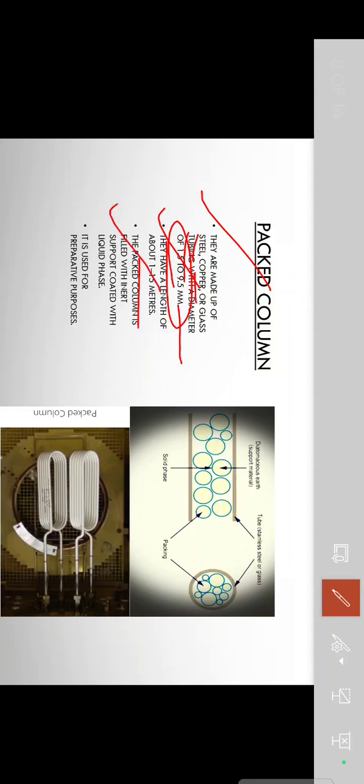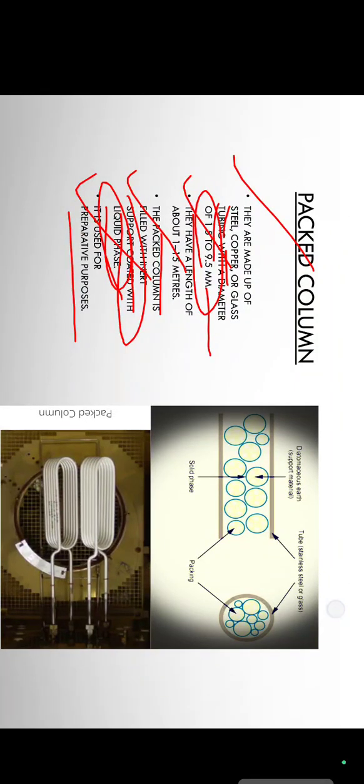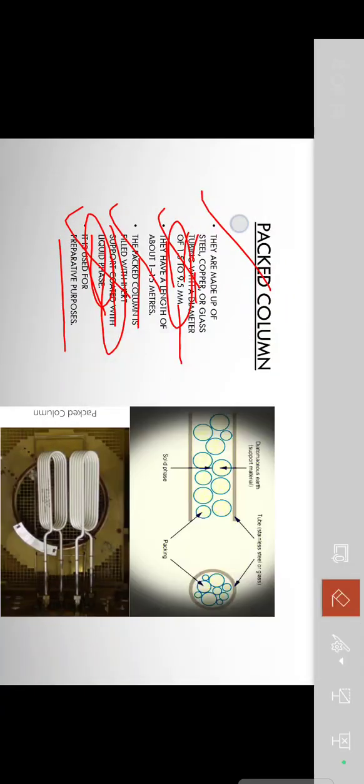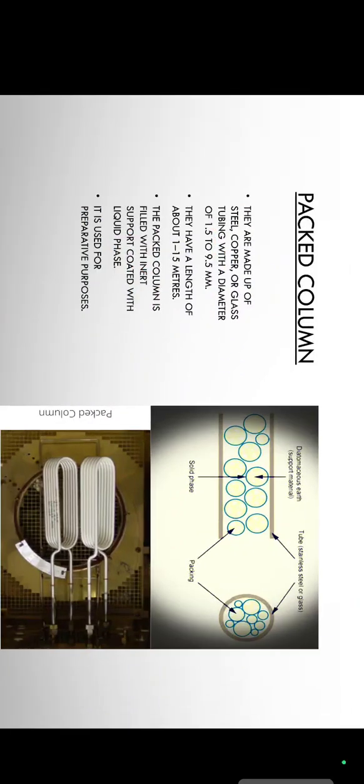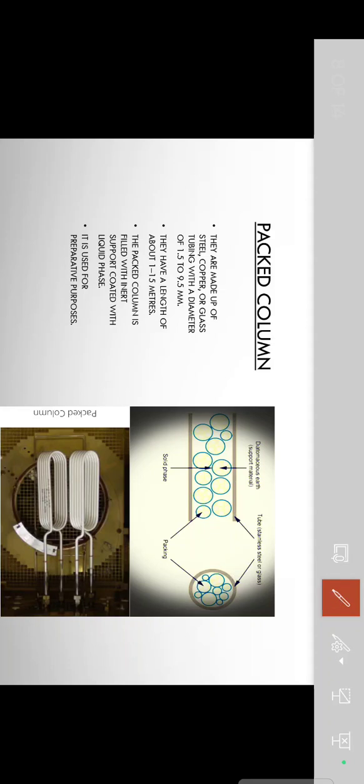The packed columns are filled with an inert support coated with liquid phase, and are used for preparative purposes. What do you mean by packed column? Packed column means there will be no space inside the column for the flow of the liquid or gas phase. So this is an example of a packed column.